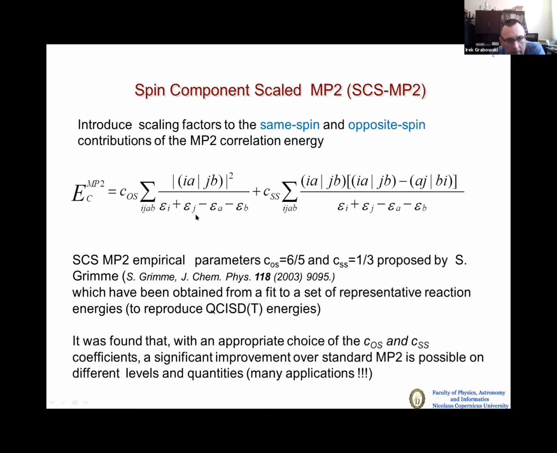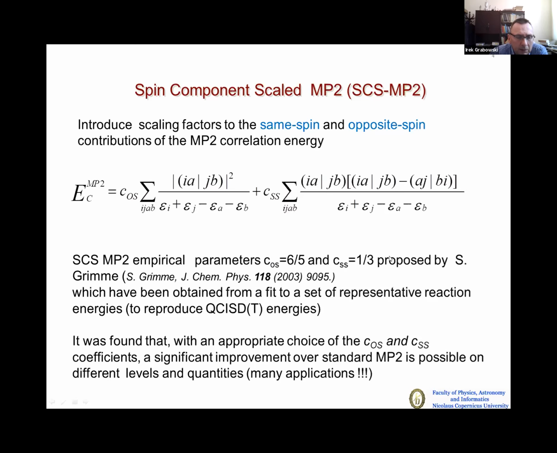In the first work, he proposed coefficients: 1.2 to scale the opposite-spin part and 1/3 for the same-spin part, and he got these empirical parameters from CCSD(T) calculations to reproduce some reaction energies.